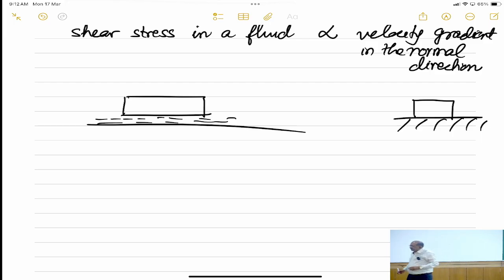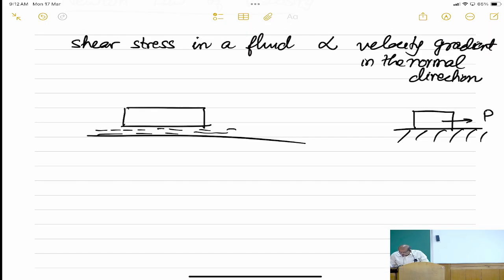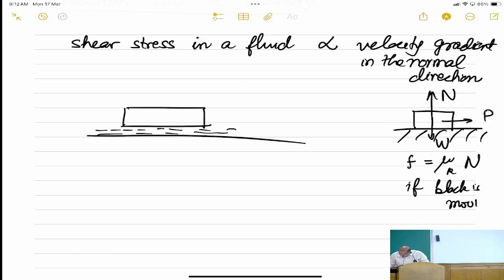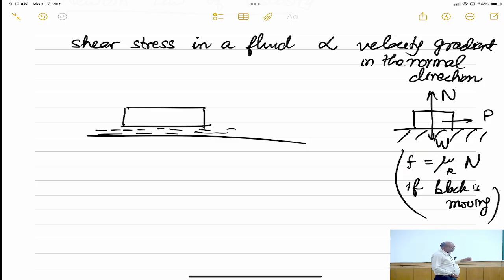And here, if to this block a force P is applied, and here we know this is what we call Coulomb's friction. Friction is equal to mu k n if the block is moving.